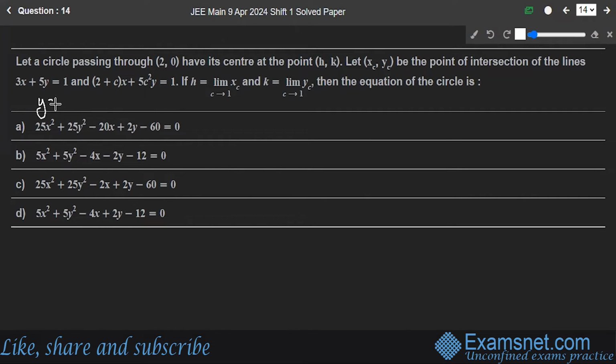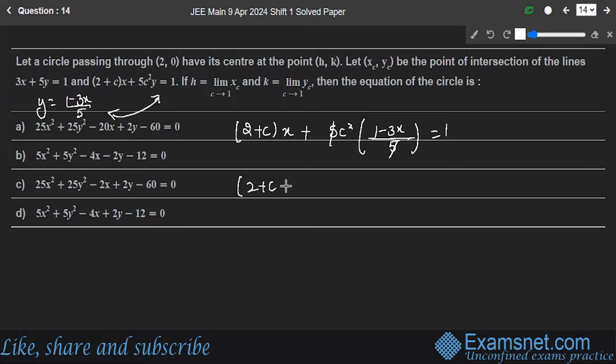So from here, first of all, y is equal to (1 minus 3x) upon 5. Let's find out their point of intersection. So you will have (2 plus C) into x plus 5C squared times (1 minus 3x) upon 5 is equal to 1. This 5 and 5 will cancel.